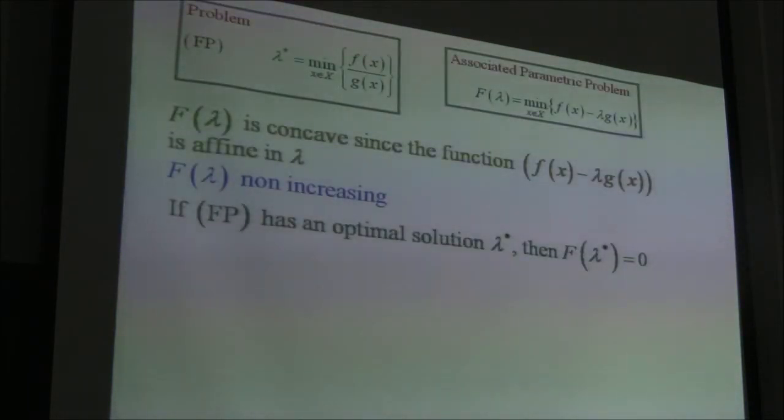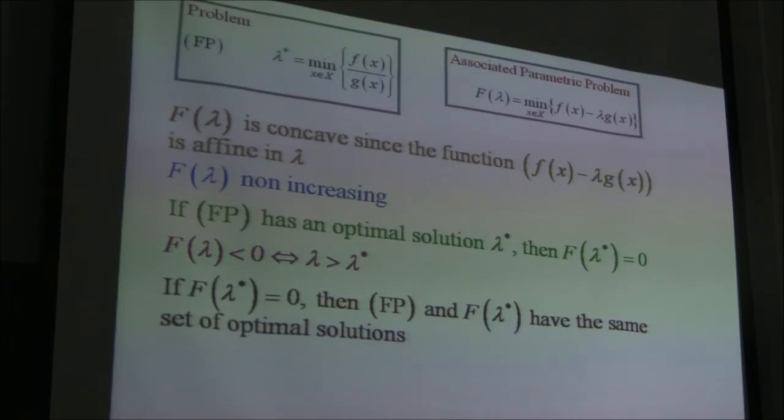Third, we can show that if the problem has an optimal solution, then the value of f of lambda star, the value of the associated problem specified with lambda star, is equal to 0. Also, whenever f of lambda is negative, lambda is larger than or equal to lambda star. It goes both ways.